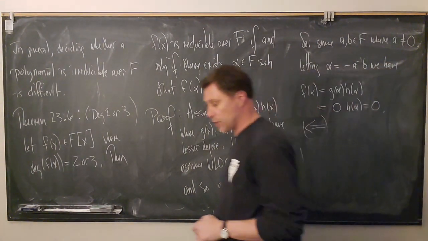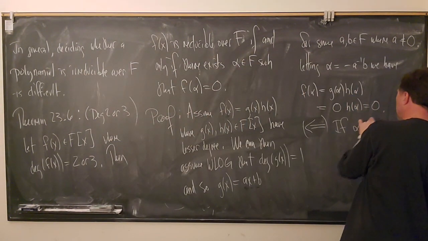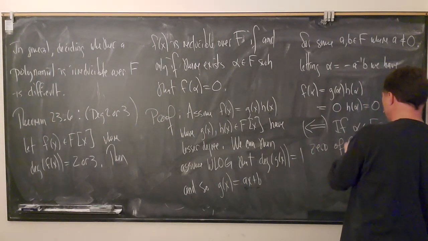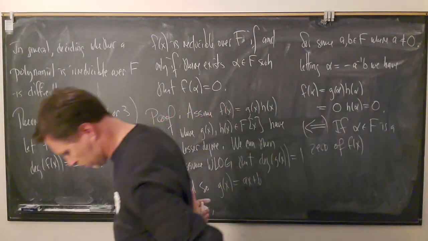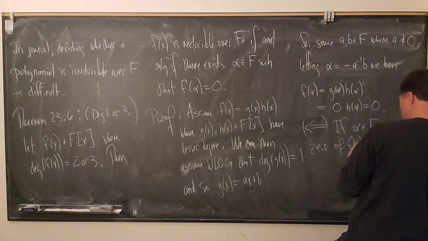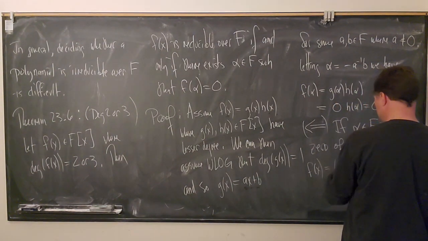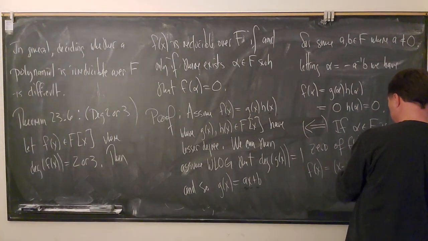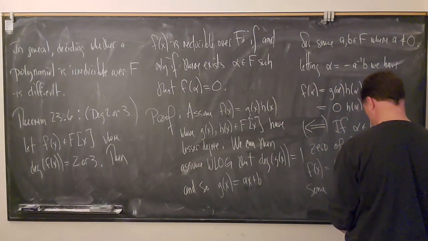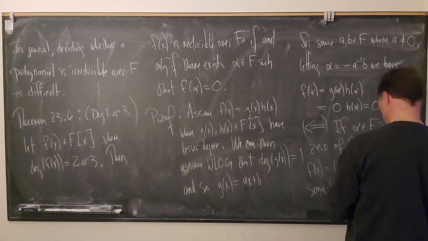Okay, so now for the reverse direction. So if alpha in F is a 0 of f of x, then by our previous theorem, this is the factor theorem, I don't remember what the number is, f of x is equal to x minus alpha times, say, h of x for some h of x in F bracket x.